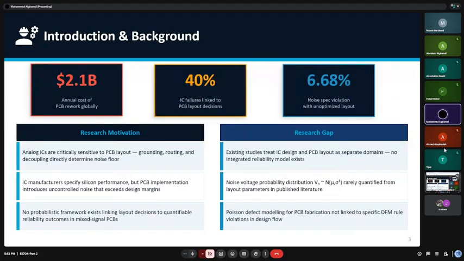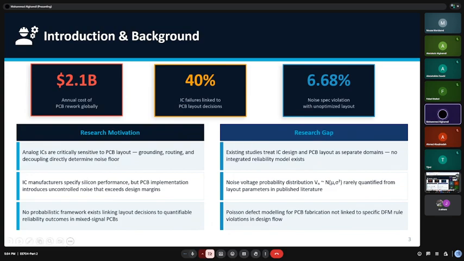Introduction and background. So this is a bunch of numbers just to show us why this topic is important. 40% of IC field failures come from PCB layout decisions, not the chip itself. $2.1 billion is the annual cost for PCB rework globally, and 6.68% are the noise specification violations with unoptimized layout.